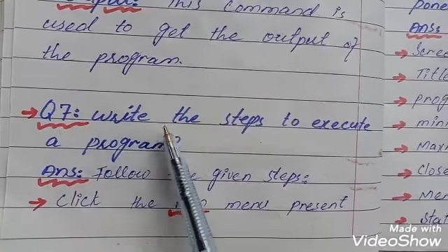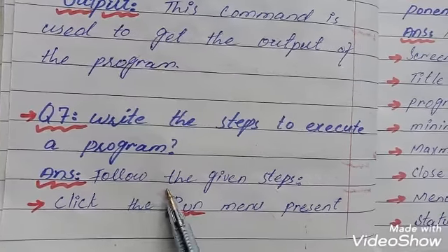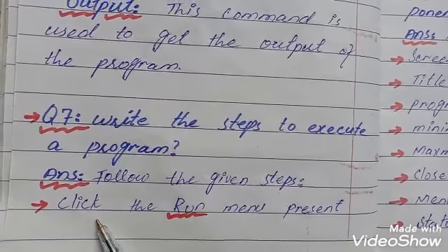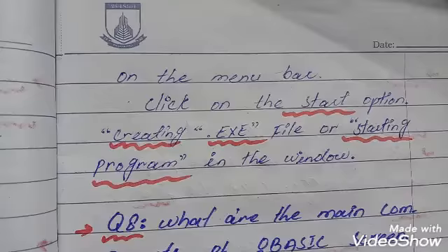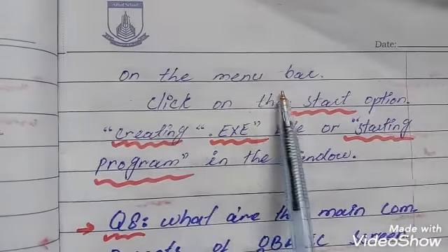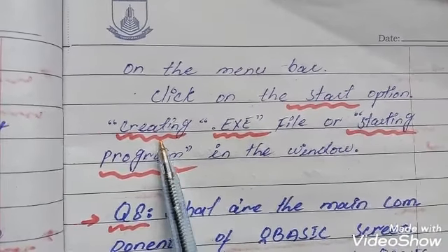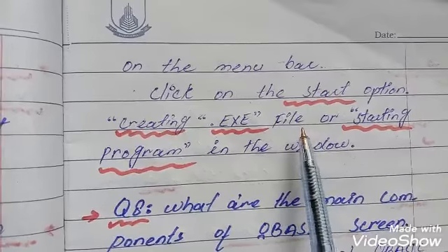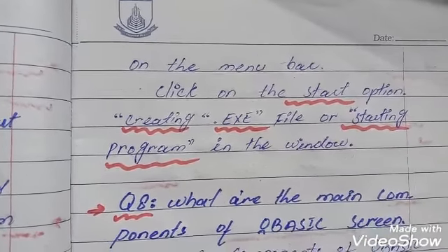Question number 7. Write the steps to execute a program. Answer. Follow the given steps. First one is click the Run menu present on the menu bar. Click on the start option, creating .bas file or starting program in the window.